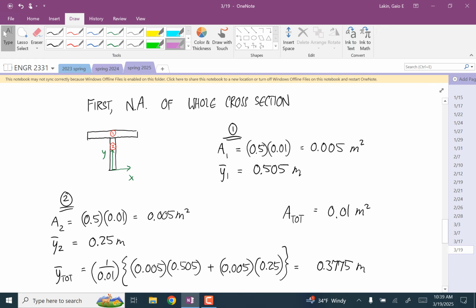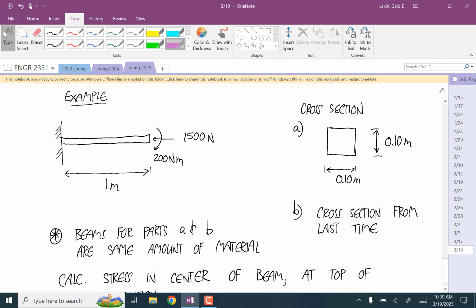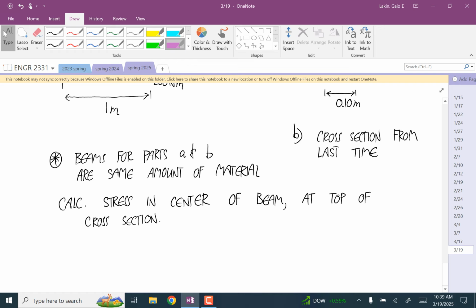I mean, the basic idea is this is a fairly effective way to use material to produce a big moment of inertia. So what do you think is going to happen if we have a big moment of inertia versus a relatively small one? What's going to happen to those stresses? So the stress, our goal in designing something like this is to reduce the stress.